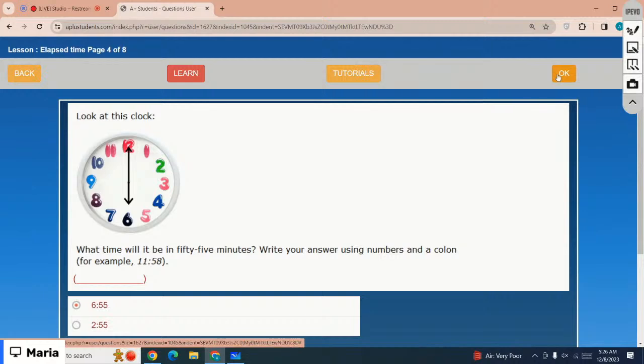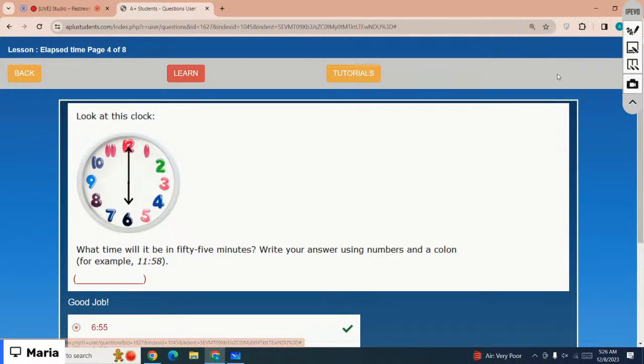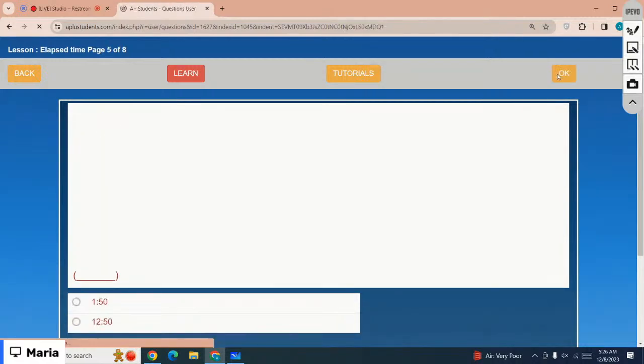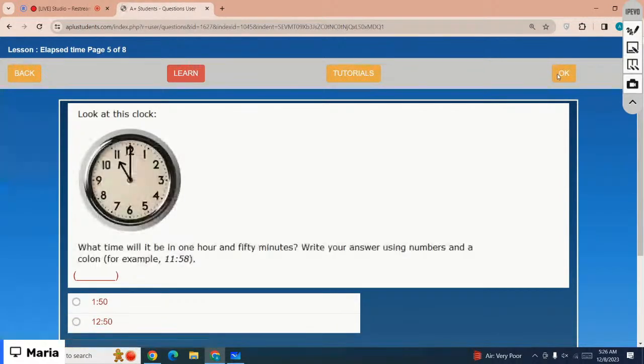Okay, the next one is, look at this clock. What time will it be in 1 hour and 50 minutes? Which is the correct option?